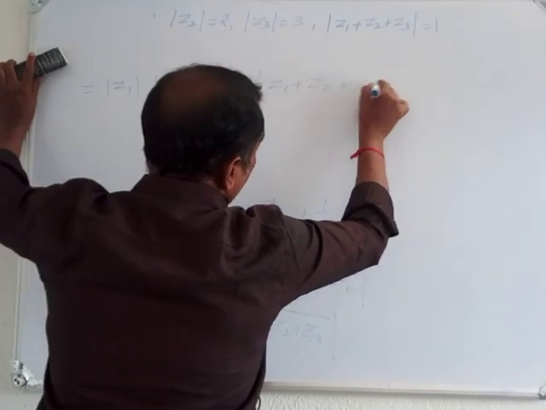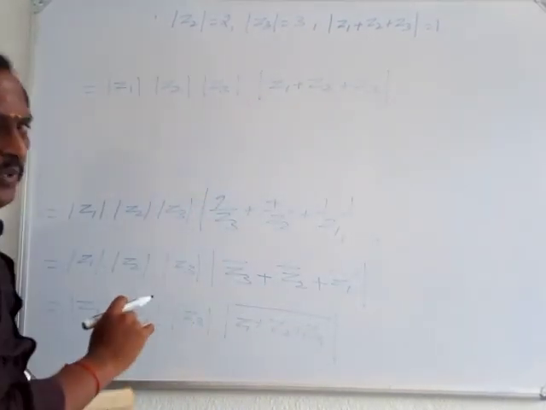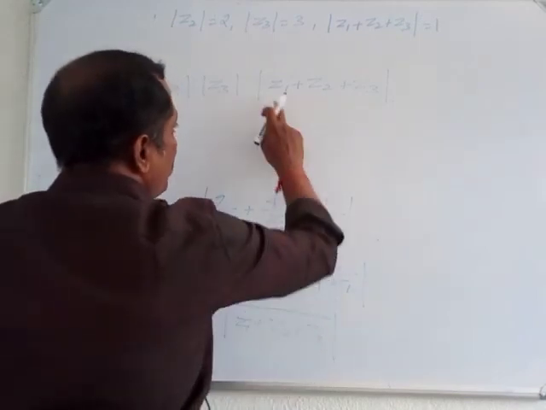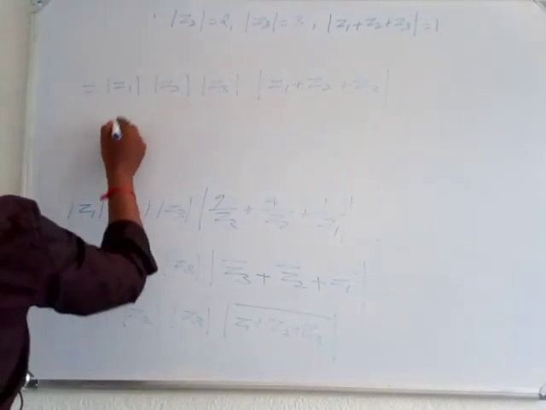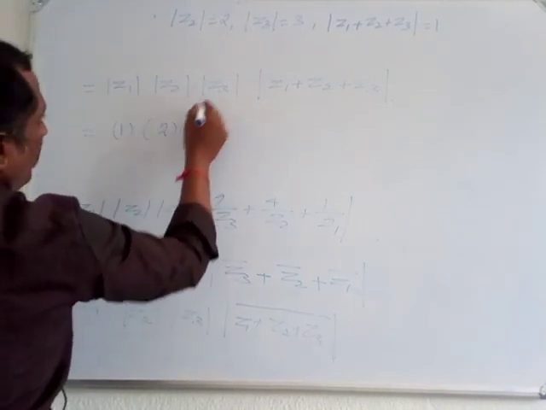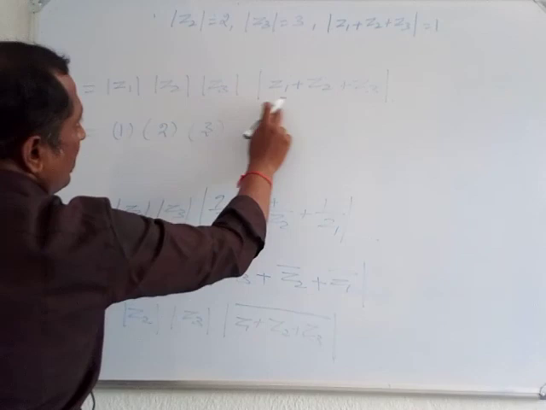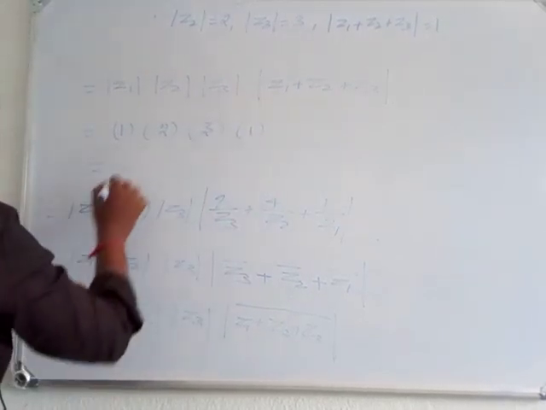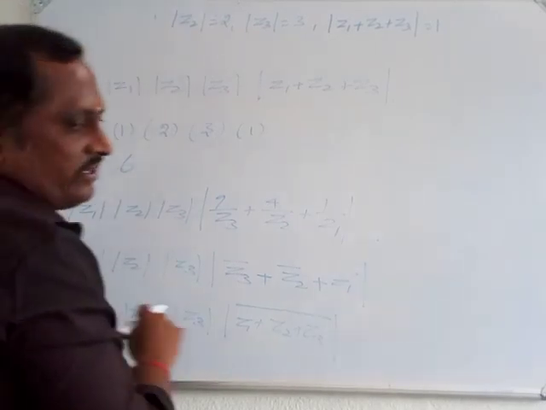So modulus of z is equal to modulus of z bar. So modulus of z1 plus z2 plus z3, the whole bar is equal to this value. Modulus of z1 is 1, modulus of z2 is 2, modulus of z3 is 3, and modulus of this value is also 1. So which is equal to answer 6. Proof over.